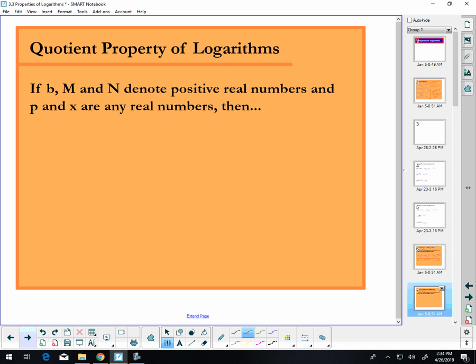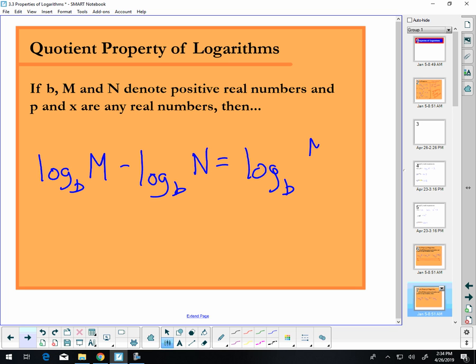The quotient property of logarithms follows fairly similarly. It says that if I have a logarithm base b of m, but I'm subtracting the logarithm base b of n, I will get the logarithm base b of m over n.